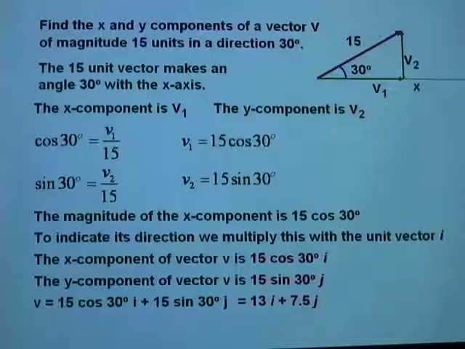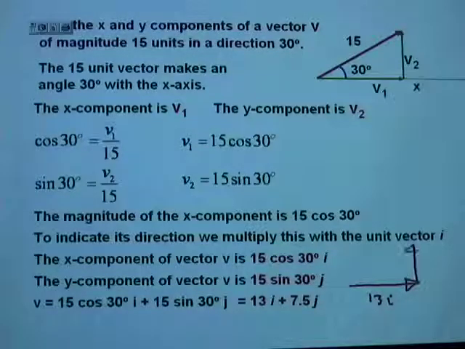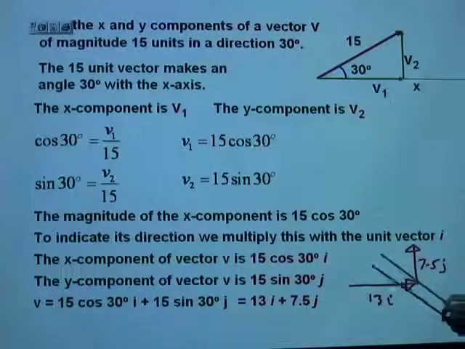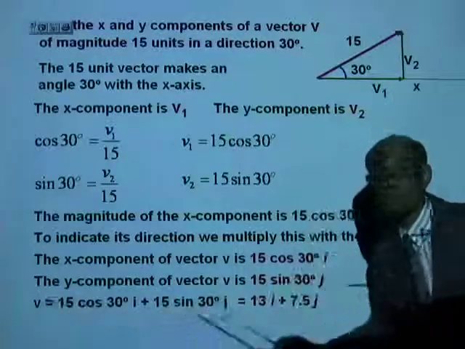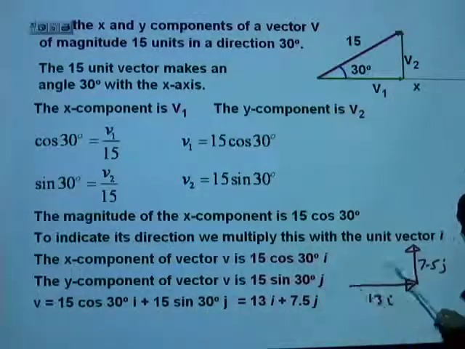You must understand it as, this is 13i, a vector of 13 units in the x direction, and this is 7.5j, 7.5 units in the y direction. So this is the x component, this is the y component, and if you add these two, you get the vector v. And what is that vector v?